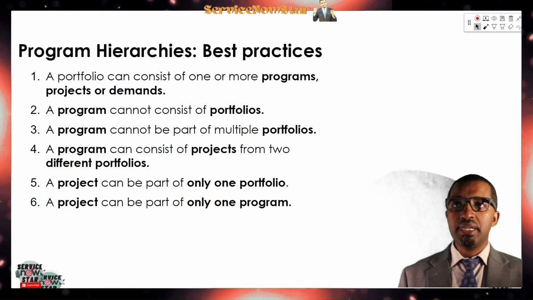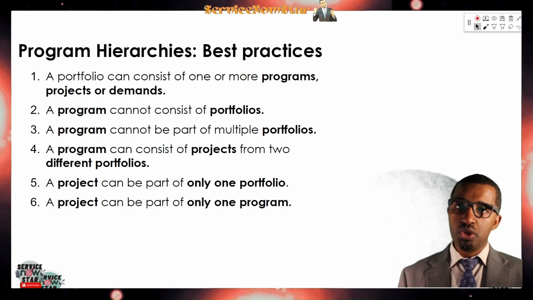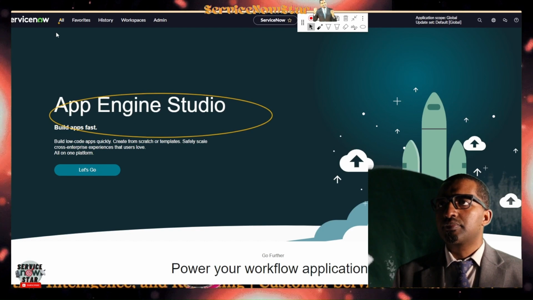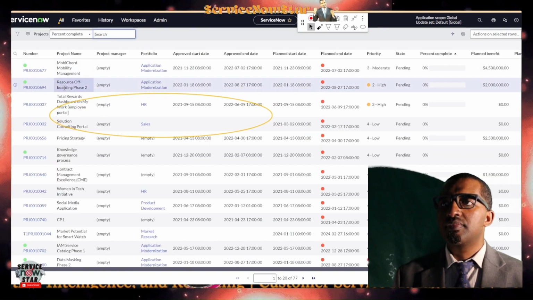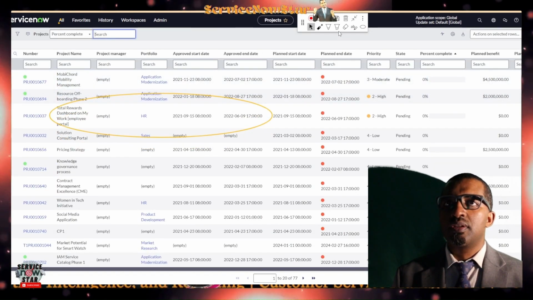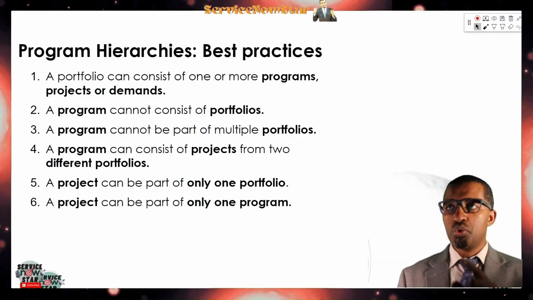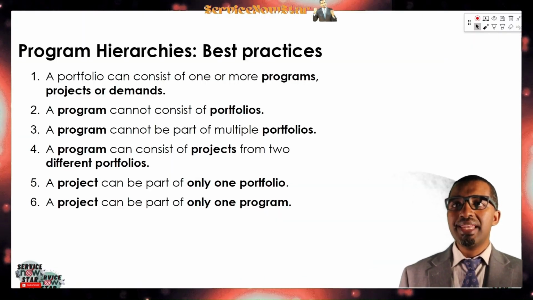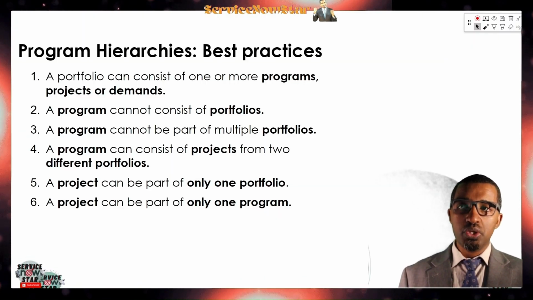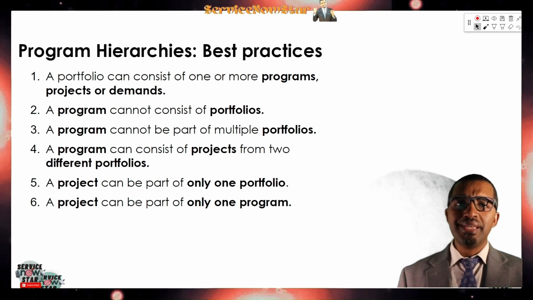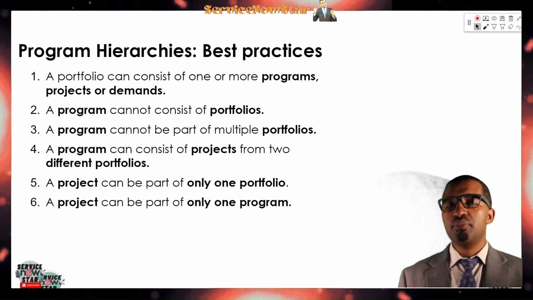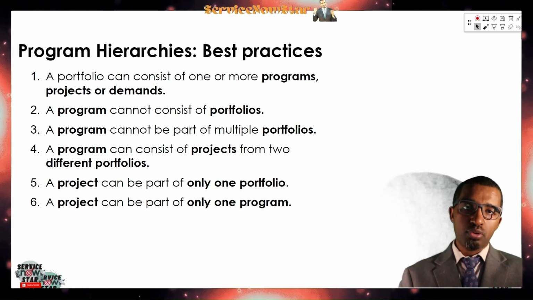So a program cannot contain a portfolio; that is not possible. Program cannot be part of multiple portfolios. Yes, if you have a program, you can add it to multiple portfolios, but you can associate it to only one portfolio.